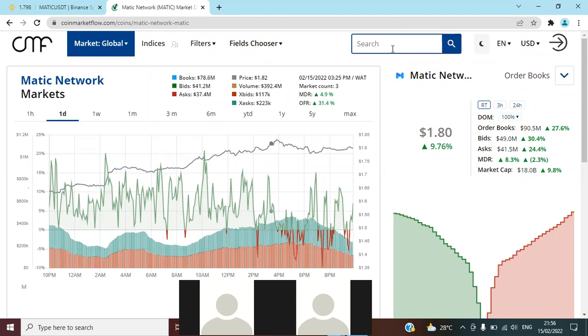Like I said, I look for two things. Especially, it works perfectly when you see price comes down into the negative side, the negative zone of the MDR. So it's a perfect time to buy.